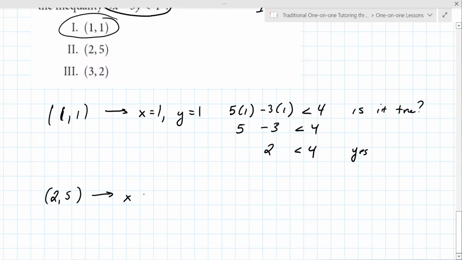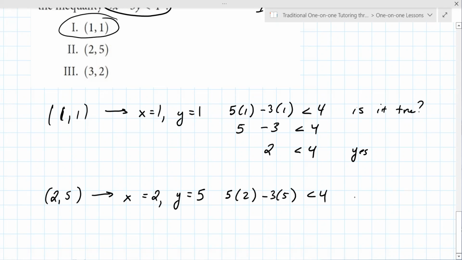What does x equal in this ordered pair? 2. Okay, and what is the y value? 5. Okay, so this is 5 times 2 minus 3 times 5.